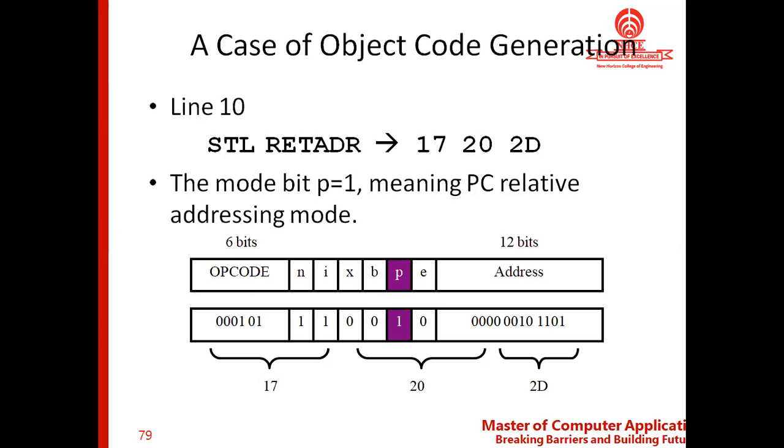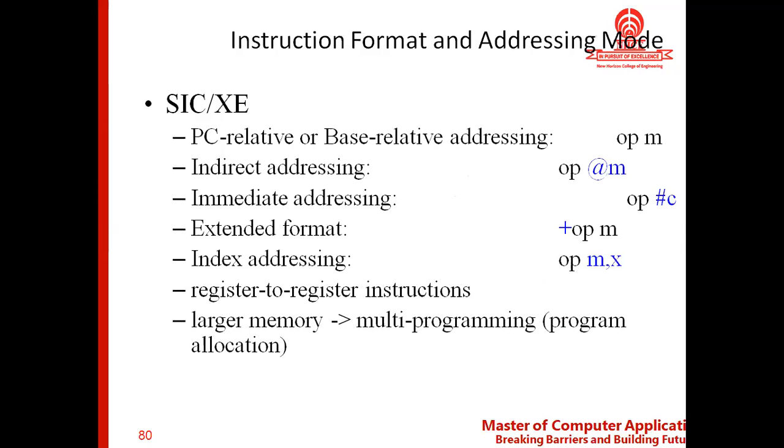So here you can see the instruction format. From the instruction format, the object code is accommodated inside it. The same thing which we have done in the SIC machine also. Similar to that, we have many other examples too.